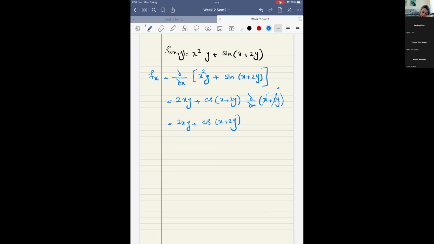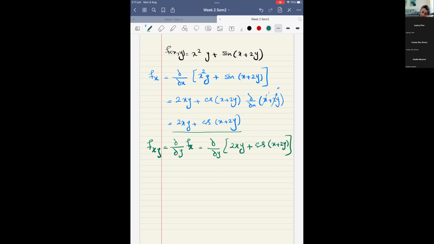Now I want to write here f_xy. It means partial y of f_x. We calculated f_x, yes? This is f_x. Now I write here partial y of 2xy plus cosine of x plus 2y.